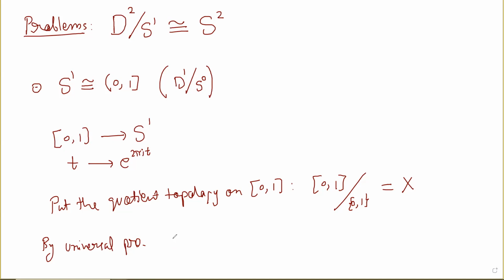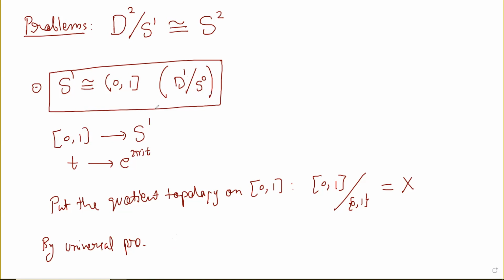Since Vaishnavi has joined, I'll just introduce the question. Vaishnavi, I'm just trying to solve this question. First, that S1, the unit circle, is homeomorphic to the unit interval with the two endpoints identified.